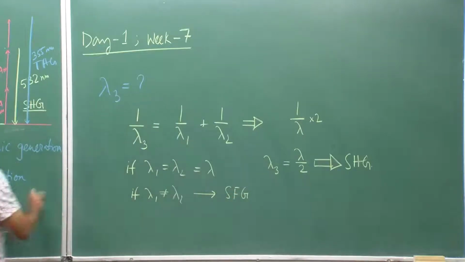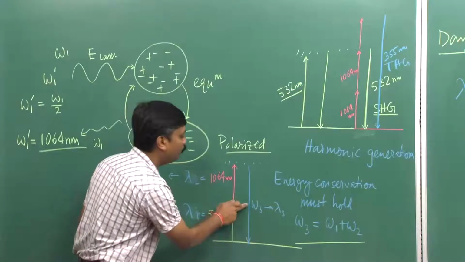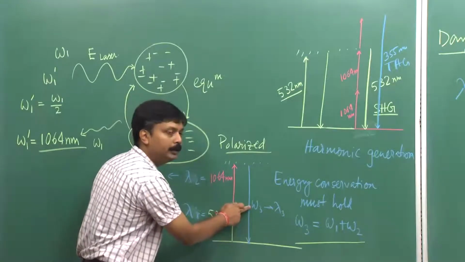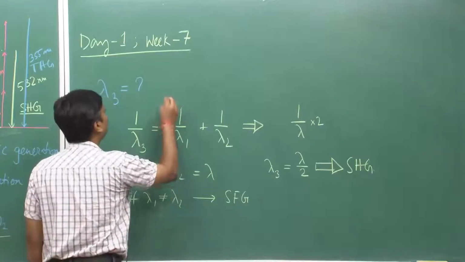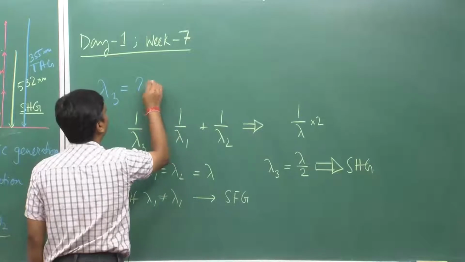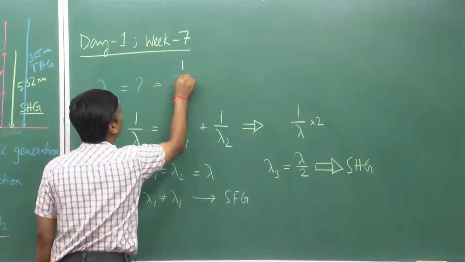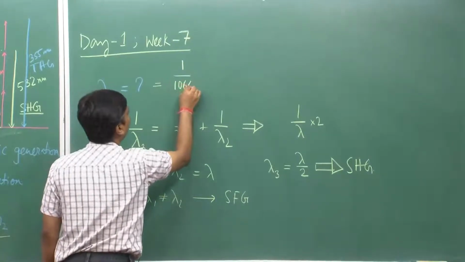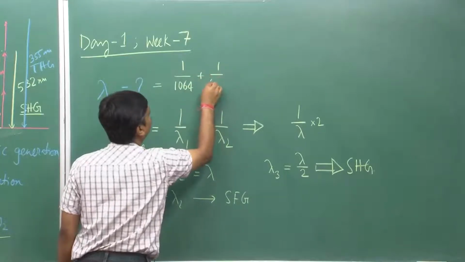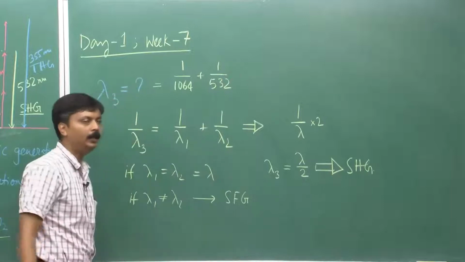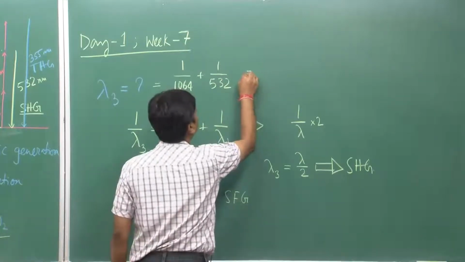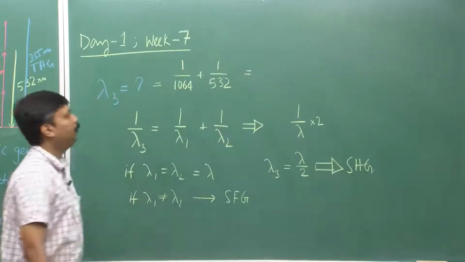And in this way, you can calculate the frequency of this particular photon, that is, what is lambda 3. So, lambda 3 will be equal to 1 by 1064 plus 1 by 532, right.